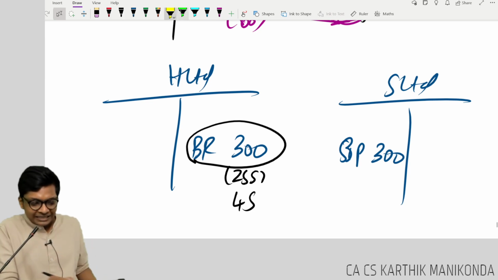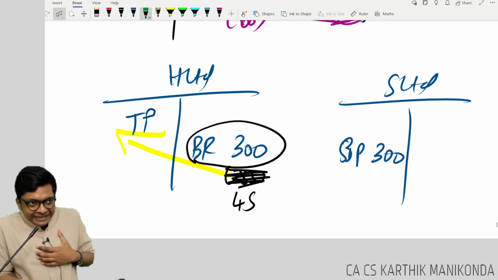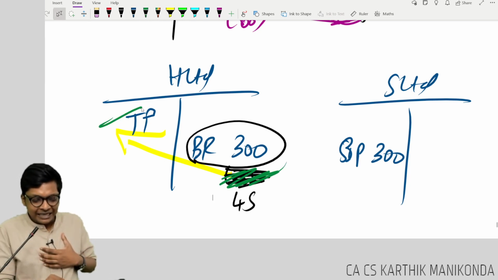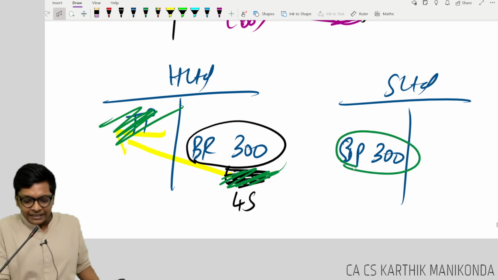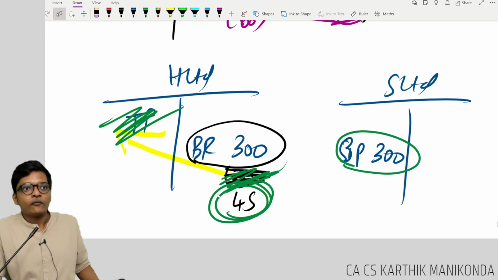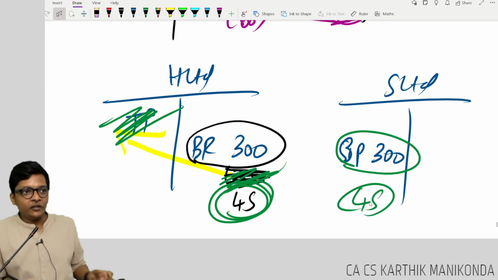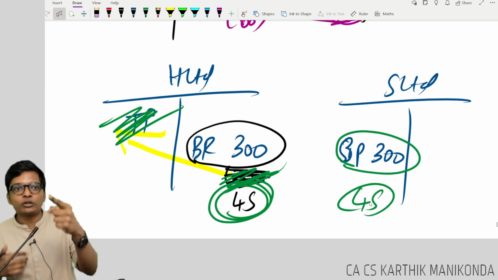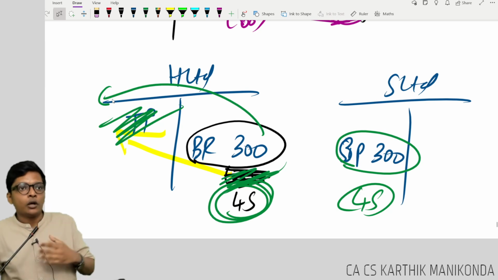In my example, this whole amount was endorsed in favor of its trade payables. So internally it cancelled this and cancelled this. So 300 is there here, but I have only 45 here. Are you following, guys? So I can't cancel fully. I can cancel only 45. I can cancel only what is there in both the books. Because this guy endorsed to somebody else, I will cancel only 45.